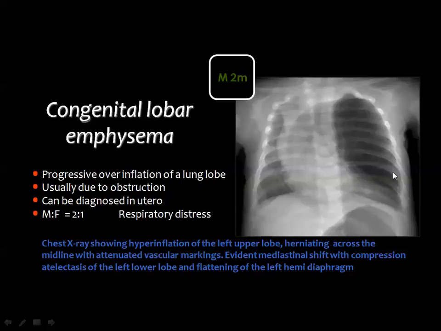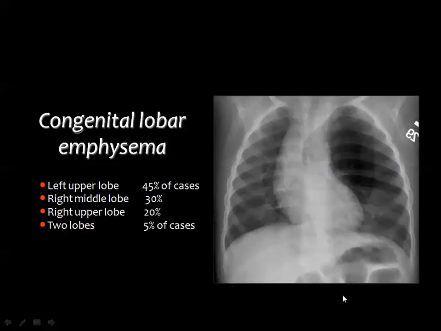If you see these two important findings, then you are diagnosing congenital left upper lobe emphysema. And this will need to be differentiated from pneumothorax and other conditions, as I will mention now.